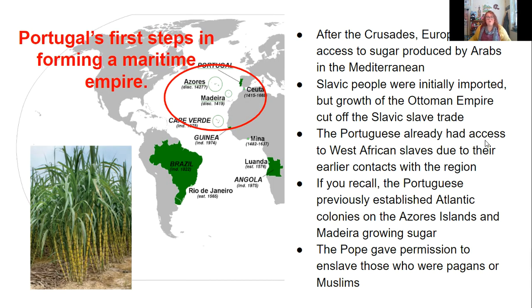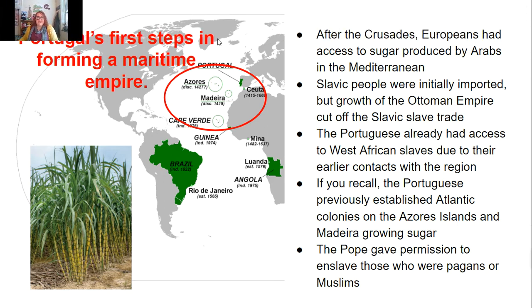Portugal's first steps into forming a maritime empire happened after the Crusades. This is when Europeans had access to sugar that was produced by the Arabs in the Mediterranean. The Slavic people were initially imported, but the growth of the Ottoman Empire cut off the Slavic slave trade because they started using their own people.